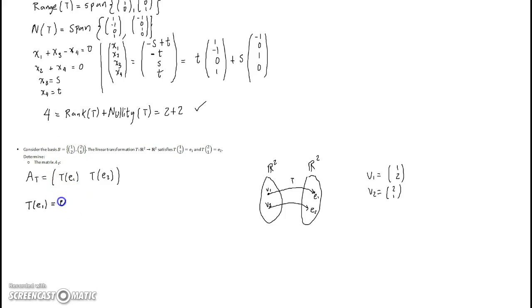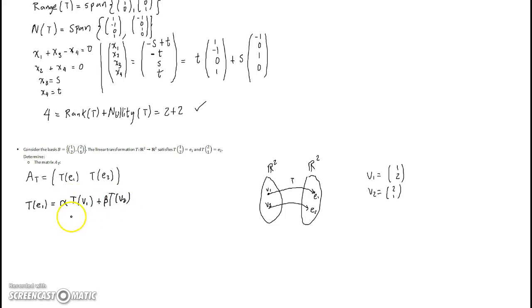Therefore, you will have coefficients alpha and beta such that E1 equals alpha V1 plus beta V2.